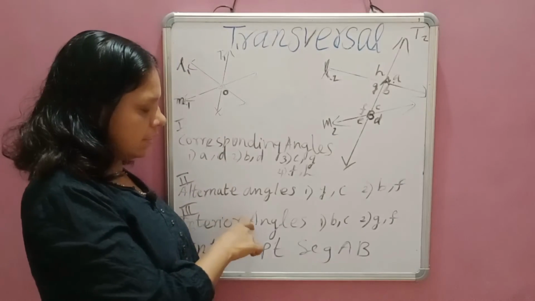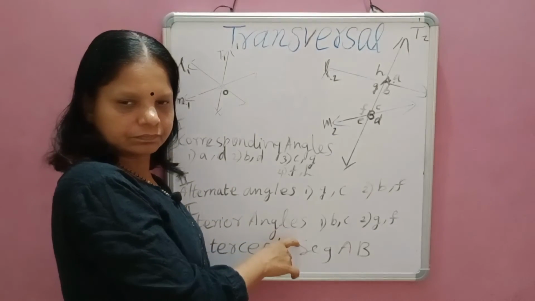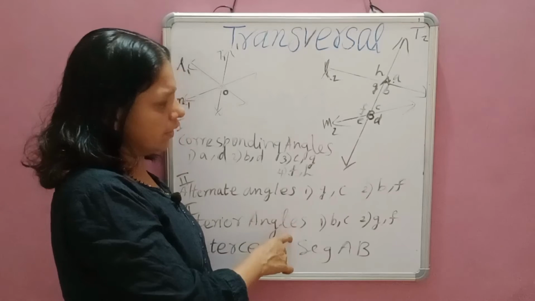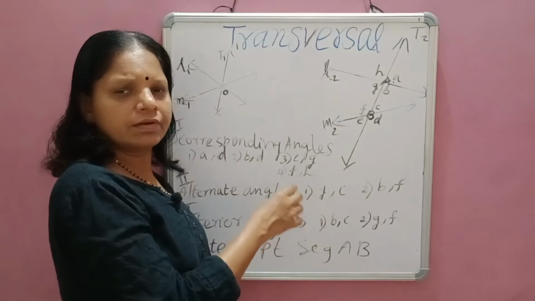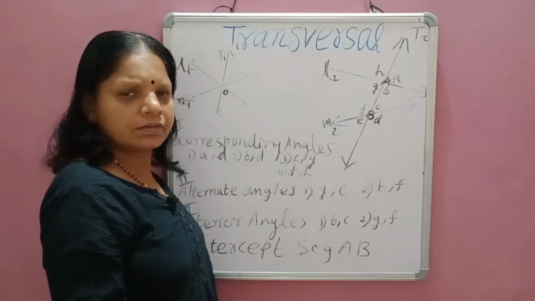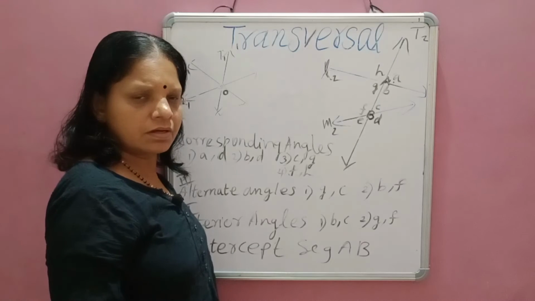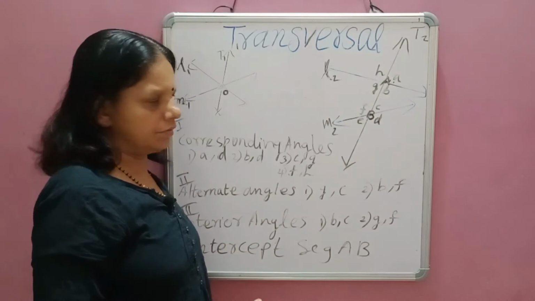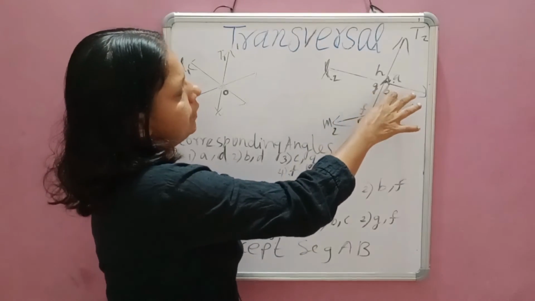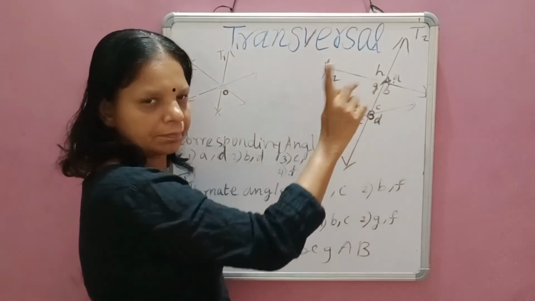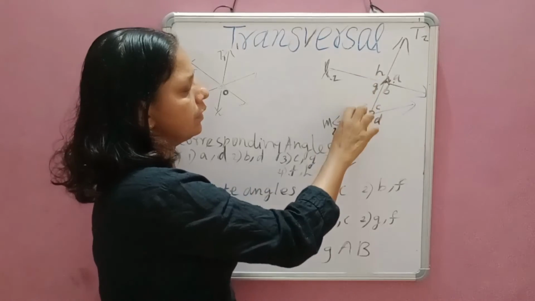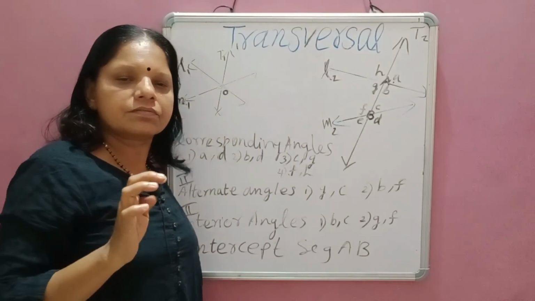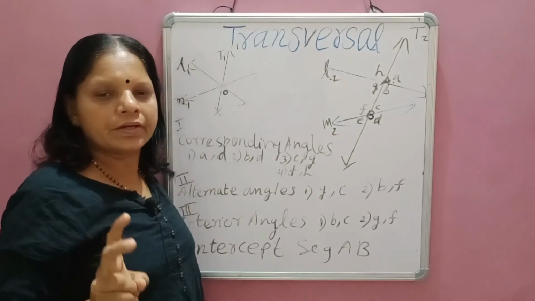Next one, interior angles. Interior angles will be on the same side of the transversal, also within the lines. So which are they? B and C, one pair, G and F. So interior angles are also two pairs.